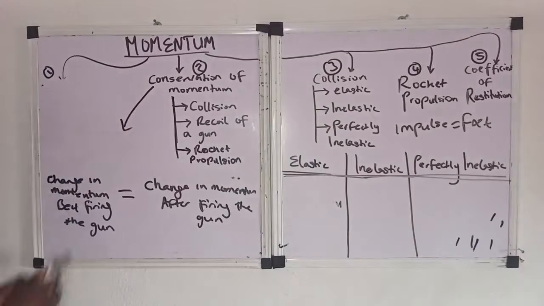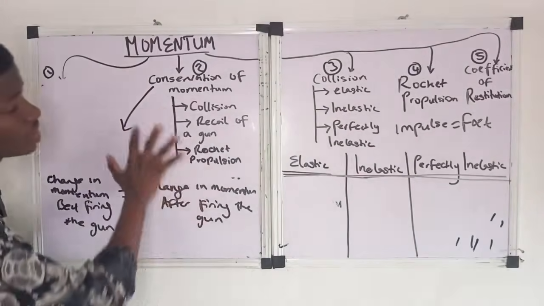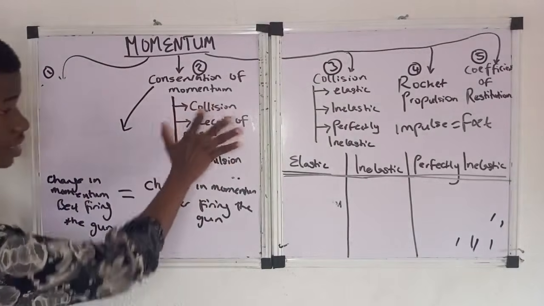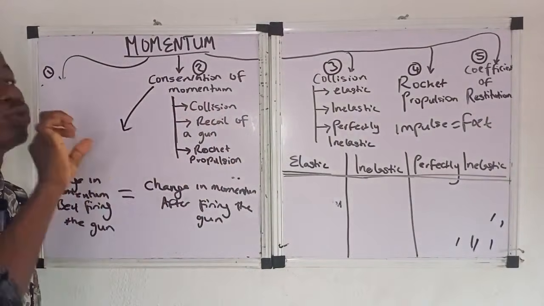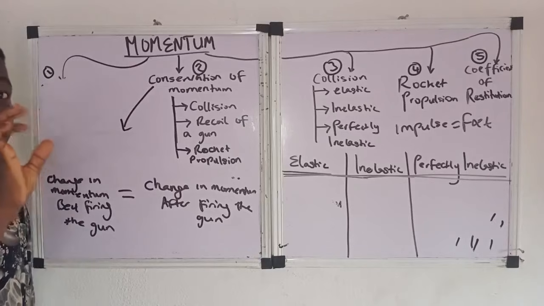Now, in this system we are dealing with two bodies: the gun and the bullet.